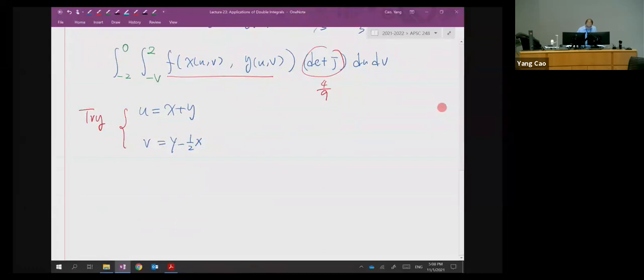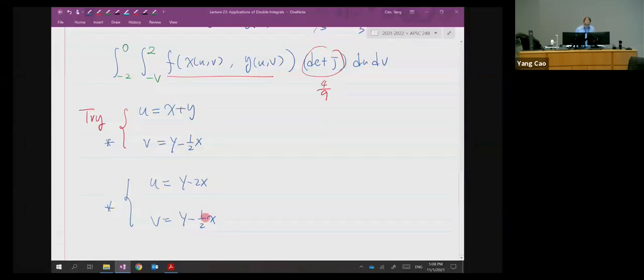So this is one way, right? And you can also try another one, where U equals Y minus 2X and V equals Y minus 1/2 X. Both of these two are also valid change variables.